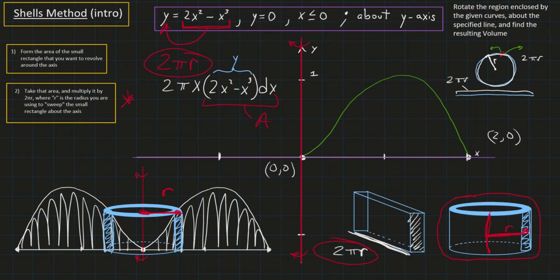And we saw that in every case, that r was the x-coordinate of that rectangle. So now my equation gives me the volume of one of those really thin cylindrical shells.